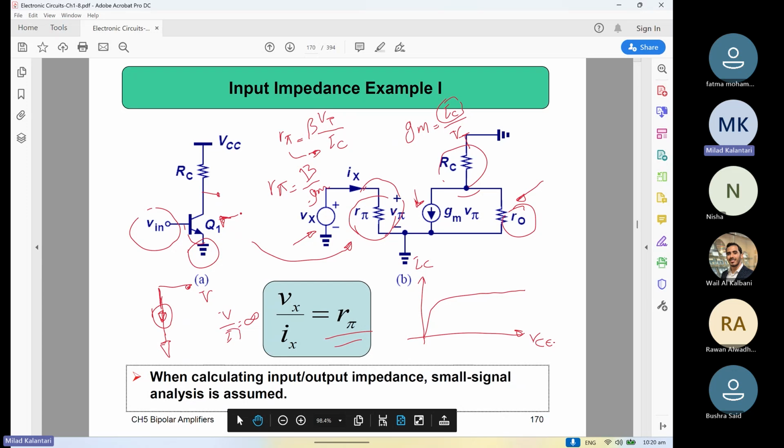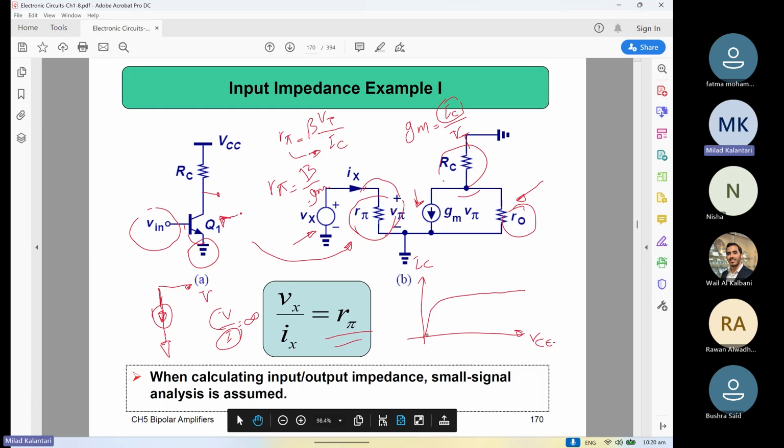I is not changing, it is zero in AC. You are putting some AC voltage, but there is no AC current because it is always fixed at the DC value. So an ideal current source has a very large output impedance.